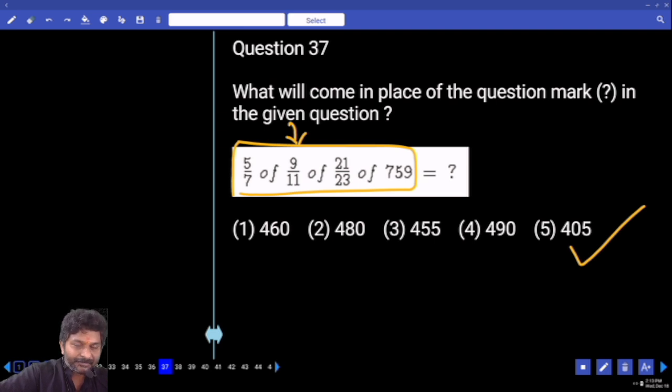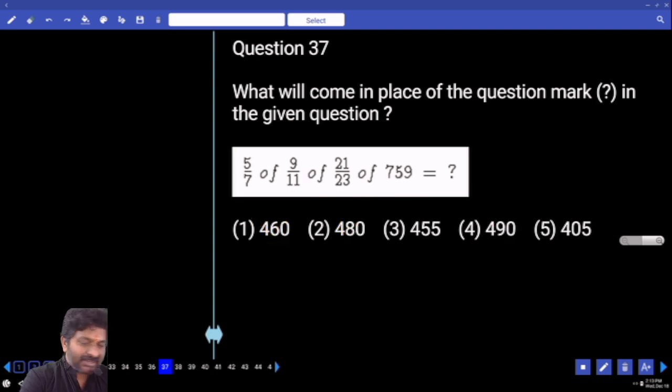You understand? Actually, before that, I directly eliminated first, second, fourth. When I looked at this question, my first number itself is 5. In the denominator, do you have 5 multiples? So the answer must be a 5 multiple. Come on. Look at your options.